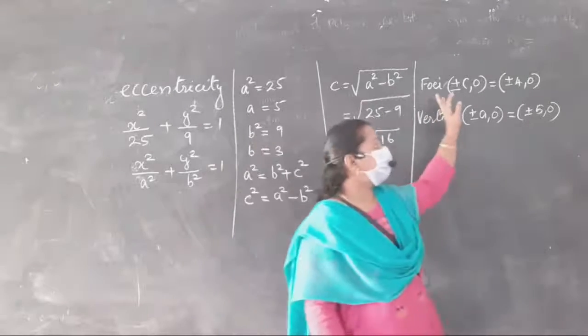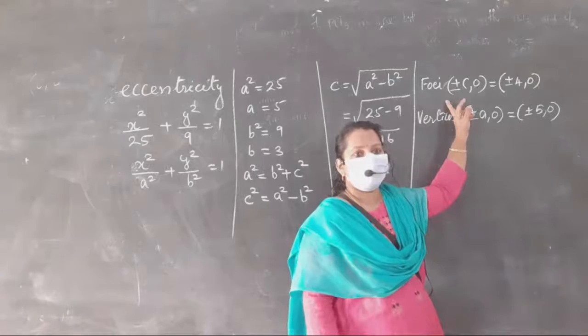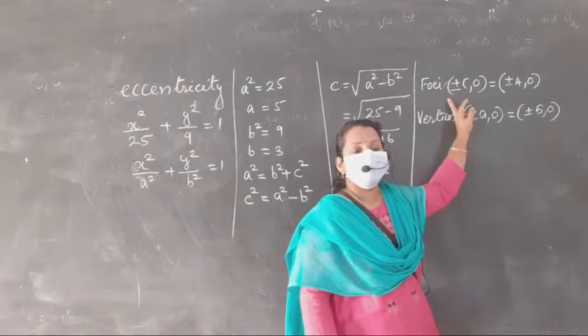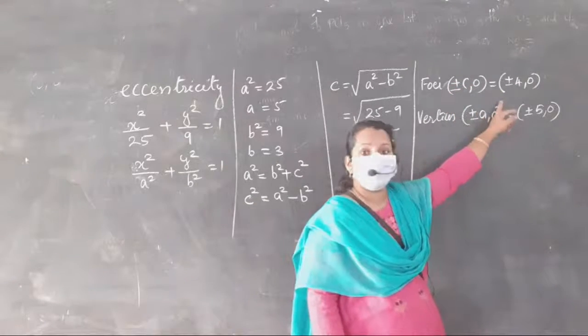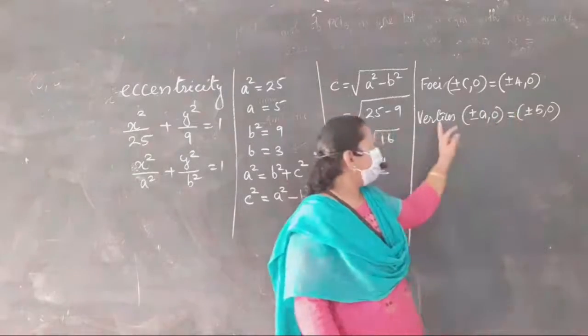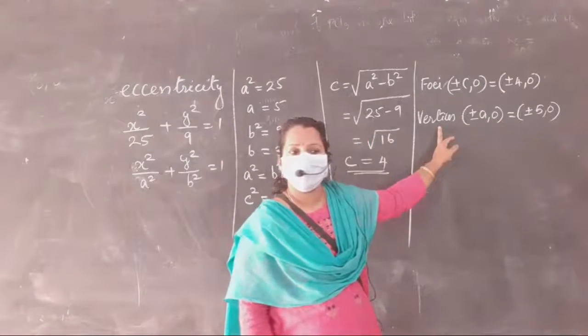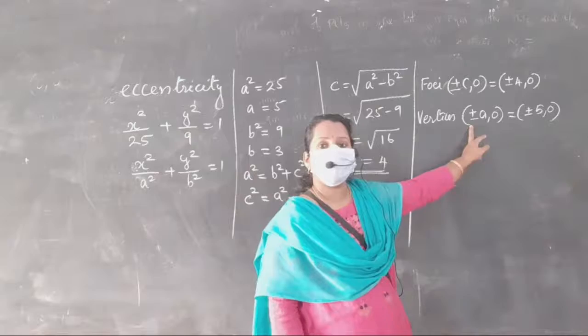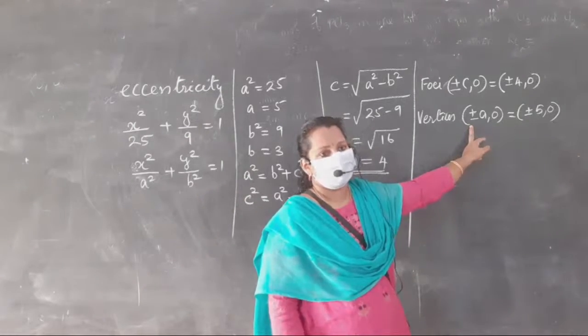Then foci, plus or minus c, 0, that is plus or minus 4, 0. Then vertices, plus or minus a, 0, that is plus or minus 5, 0.